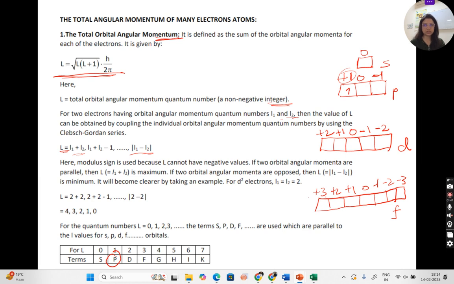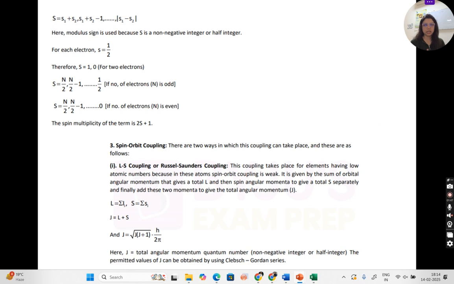Now S and J. For S, the spin quantum number, each electron has a spin. Like for 1 electron we have a spin of 1 by 2. So that depends on the filling of electrons.